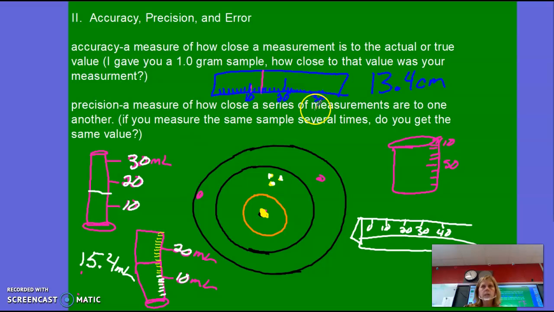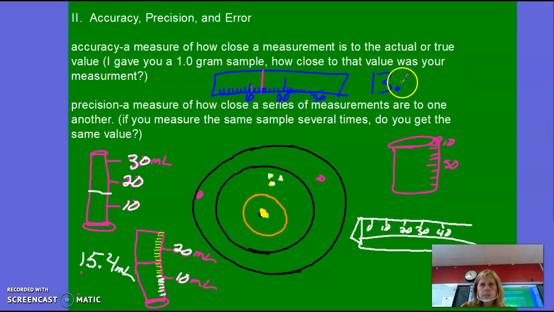That's the rule. If I'm measuring with my ruler, I have every centimeter marked on here, and technically it looks like I also have millimeters marked. So I can measure to the nearest millimeter and then one digit beyond that.